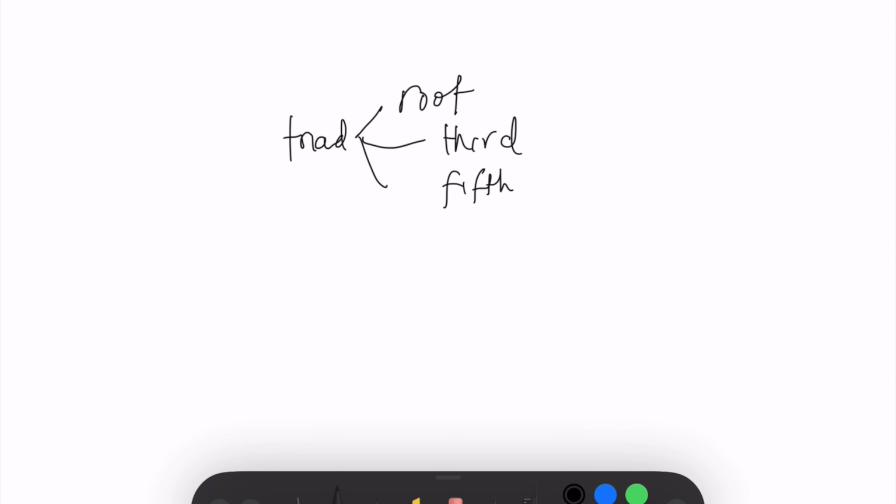So a tonic triad would have the root, the third, and the 5th note. That's a tonic triad, or any triad at all has the root, the third, and the 5th note. If it's a tonic triad, it means that the root starts from the tonic.